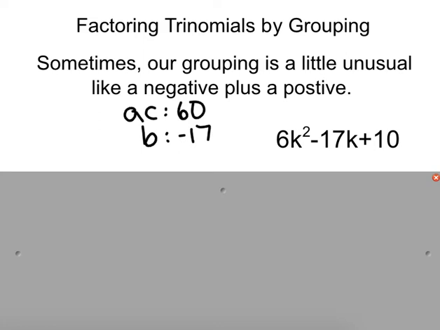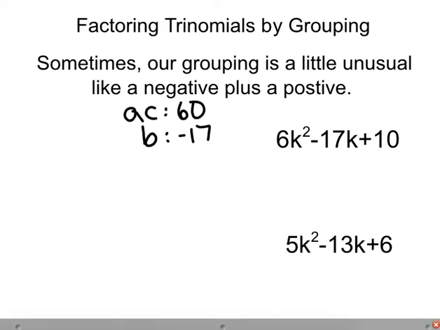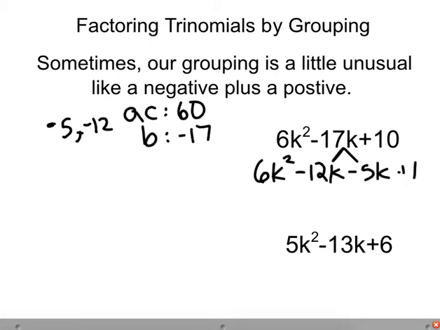And in this case, we see, well, we are going to make it so that we can factor by grouping. By taking what multiplies to give me 60 and adds to give me negative 17, so we have a negative 5 and a negative 12, and we split this guy up to say we have 6k squared minus 12k minus 5k plus 10, which ends up giving us now something I can factor by grouping.